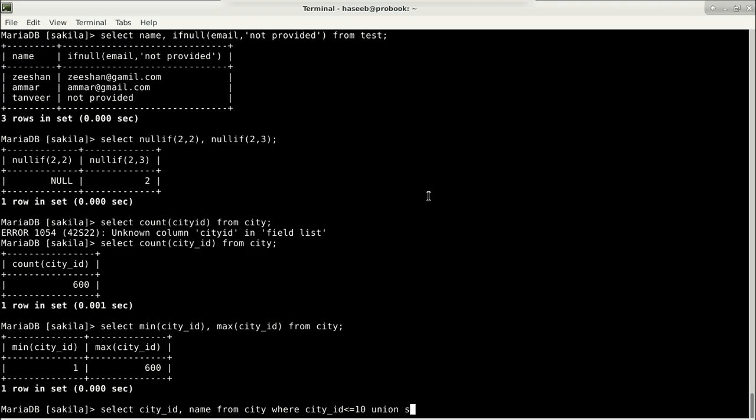union select city ID comma name from city where city ID is greater than or equal to 590.